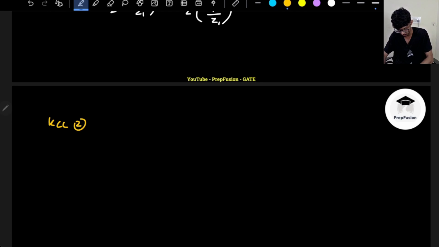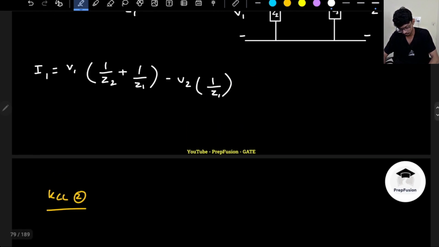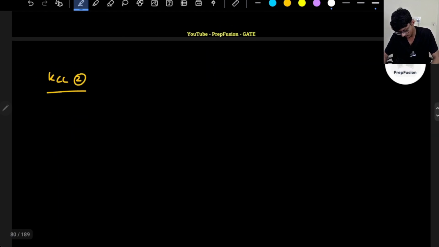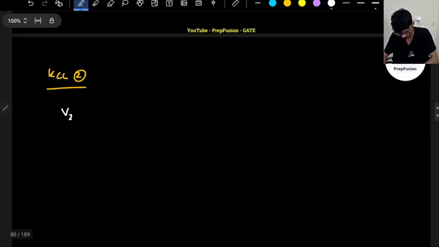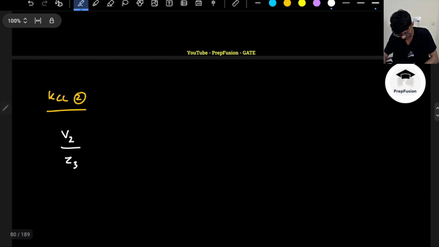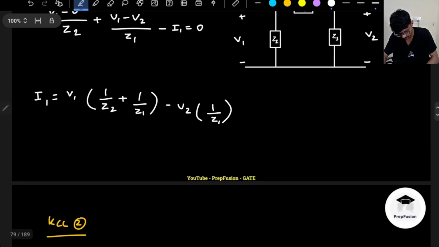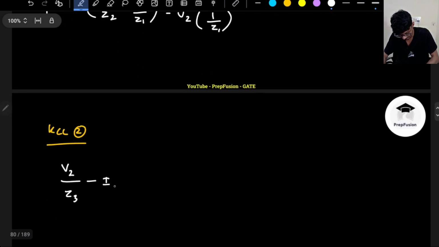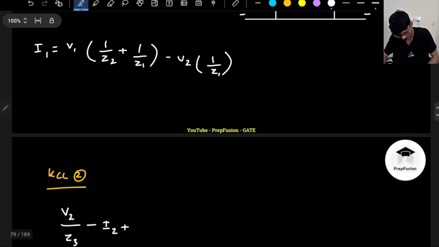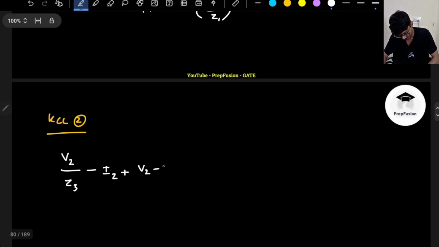The same you can follow for node 2. KCL2 will be very simple here. It will be V2 divided by Z3 minus the incoming current I2 plus V2 minus V1 divided by the impedance Z1 equal to 0.